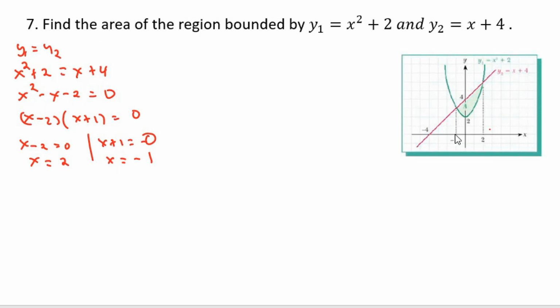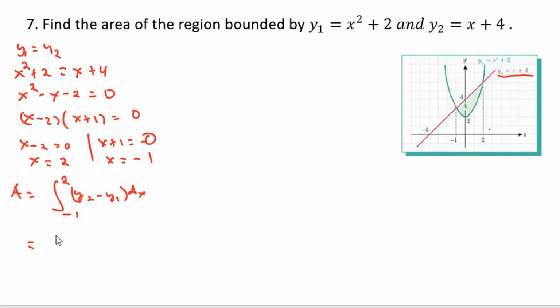Upon looking at the graph, we could say that the upper function is y sub 2, while the lower function is y sub 1. So using the formula, area is equal to the integral of y sub 2 minus y sub 1 of dx, evaluated from negative 1 to positive 2.